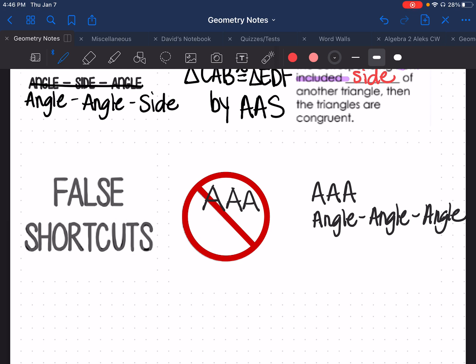So angle, angle, angle does not work for congruence. You need at least a minimum of one side, like you saw in the other two shortcuts today, to lock that triangle into position so that they are exactly the same size, the length of the sides. The other one that you can't do, and some people do it one way, some people do it the other way.